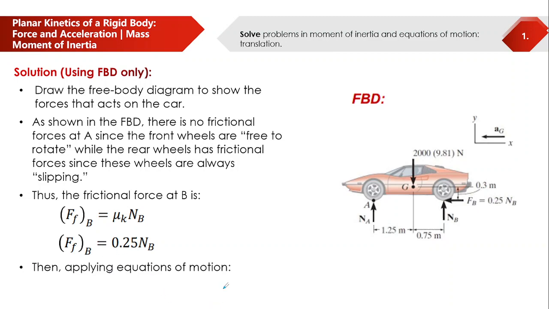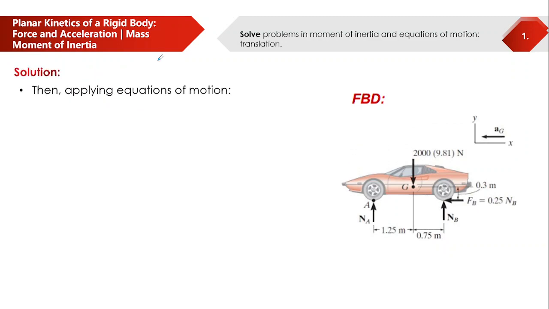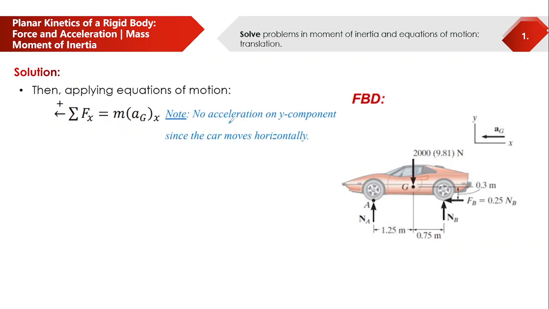Then, applying the equations of motion, first, the summation of all forces along x is equal to the mass times acceleration along x. There is no acceleration on the y component since the car moves horizontally. That's way too obvious, but ninote lang para meron tayong point in solving this problem.